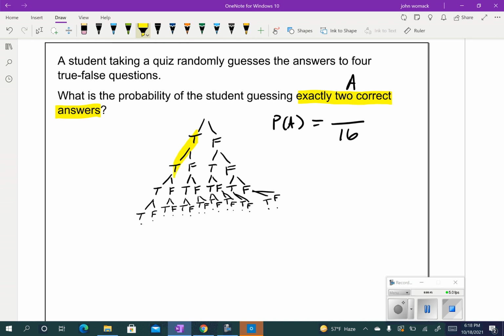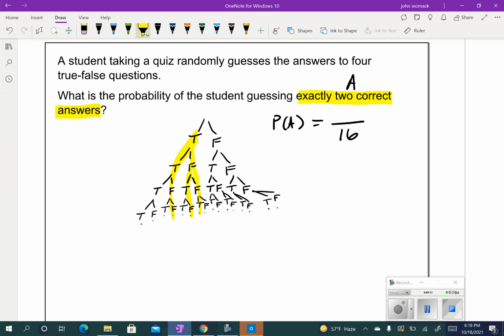If I trace this one down here, that would be exactly 2 correct answers. There's 1. Let's see if we can find another one. Got true, false, true, true. That would be 3. True, false, true, false. That one would work. There's exactly 2 favorable outcomes. Let's see what else. So I got true, false, false, true. That would be 2 outcomes.